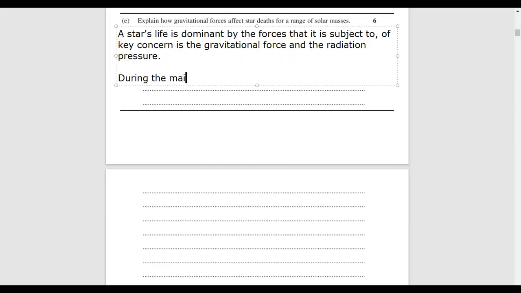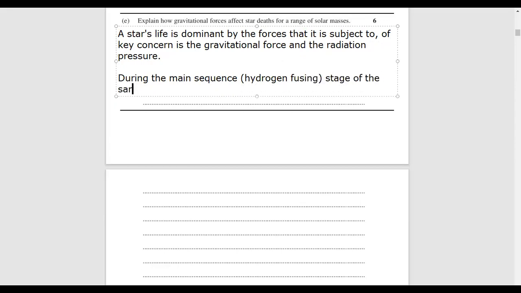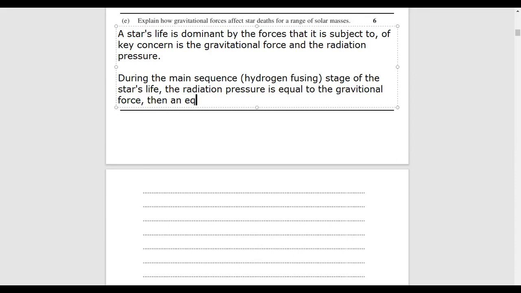During the main sequence hydrogen fusing stage of the star's life, the radiation pressure is equal to the gravitational force pulling in. Thus, an equilibrium is established.